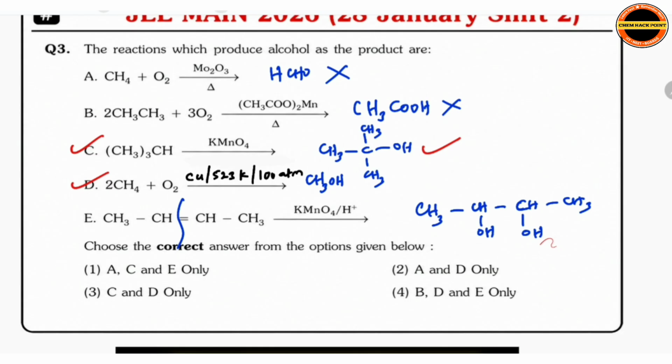Remember, it is a diol, not a mono alcohol. They are asking for alcohol as the major product, so we consider only mono alcohols here, not diols. So C and D are the correct answer.